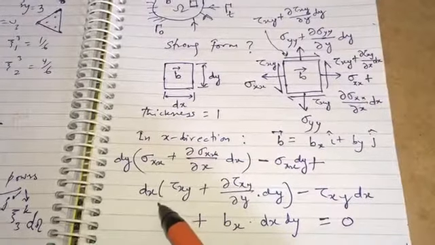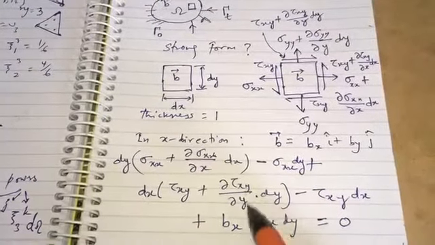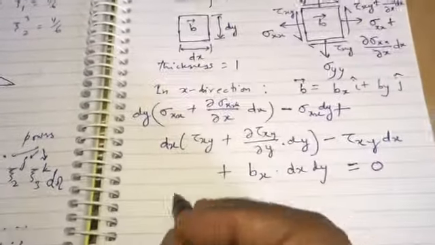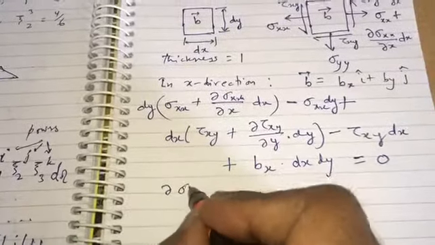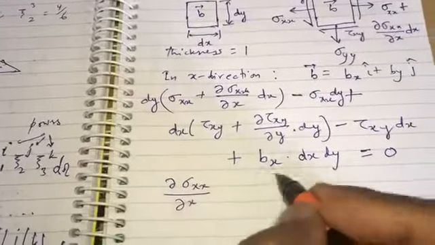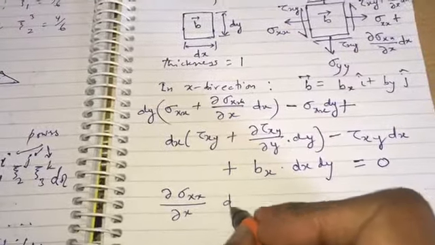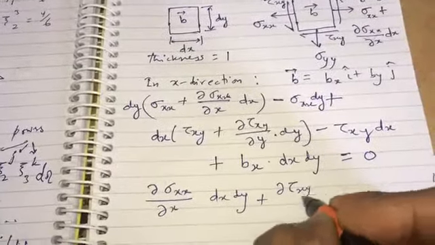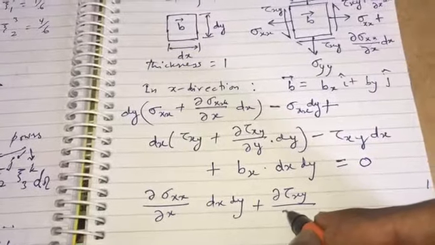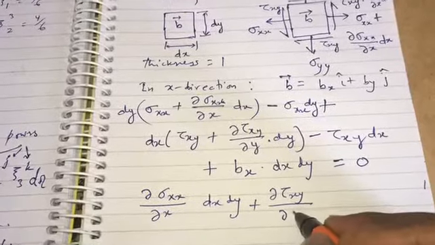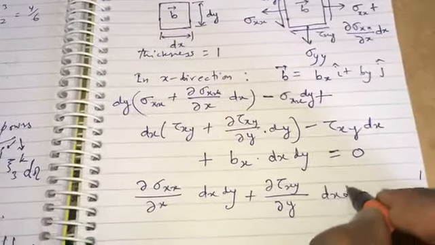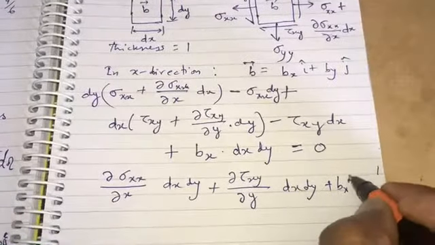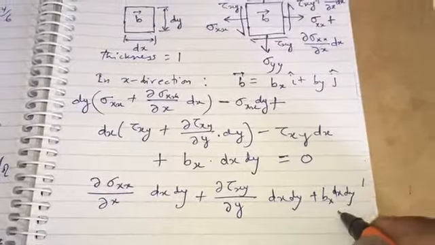Similarly, tau xy times dx and tau xy dx will cancel out, and what we have finally is del sigma xx over del x dx dy plus del tau xy over del y dx dy plus bx dx dy equal to 0.